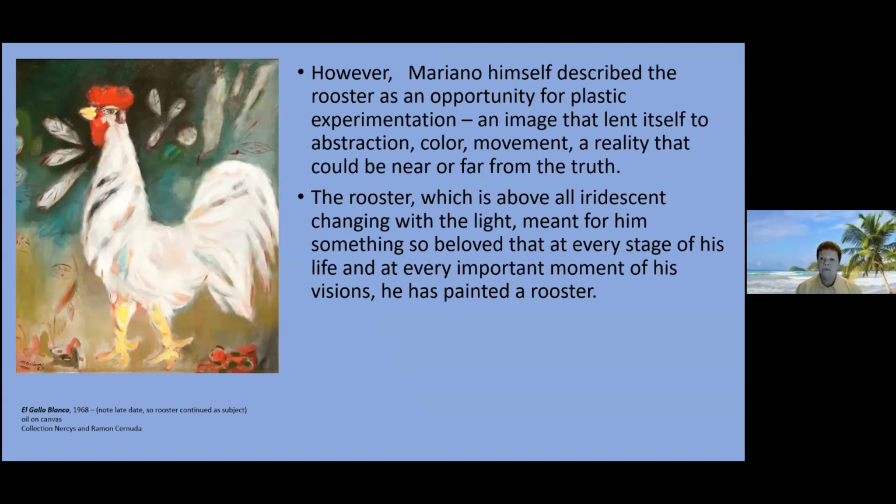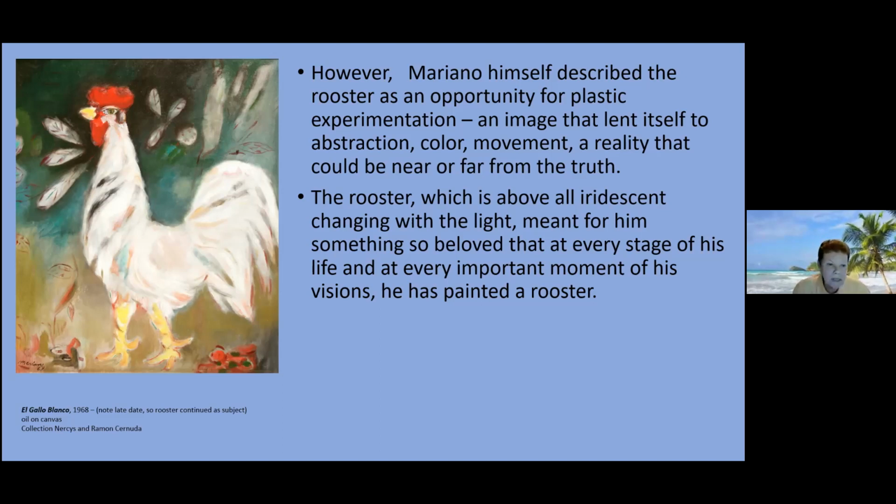The rooster, which is above all iridescent, changing with the light, meant for him something so beloved that at every stage of his life and at every important moment of his visions, he has painted a rooster. So the one that I have on the screen now, El Gallo Blanco, from 1968, it's late 1968. He started doing this in the 40s, and he continues throughout his career to paint the rooster.